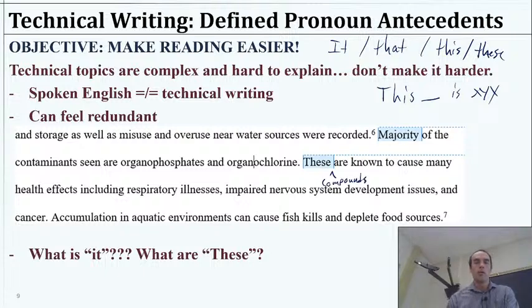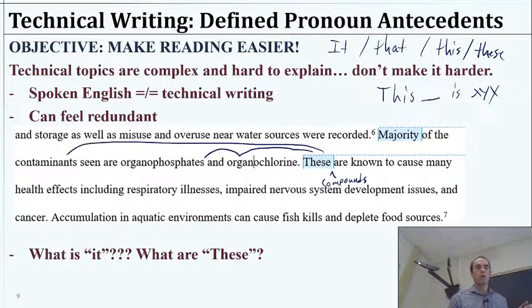Okay. Now, that would help us distinguish these, because it could refer to these two, or it could refer to contaminants, right? So there, even in this simple case, there is some unclarity.